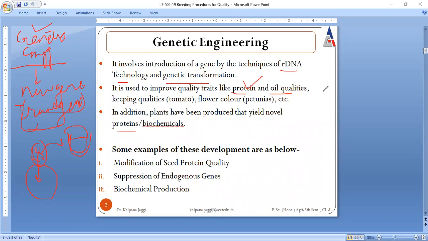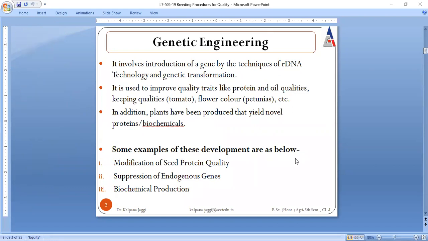Because we are going for the improvement of quality, and that can be the result of modification, the result of suppression, or the production of certain biochemicals. So these three are the methodologies by which we can improve the quality of protein: first, modification of seed protein quality, then suppression of endogenous genes, and then biochemical production.